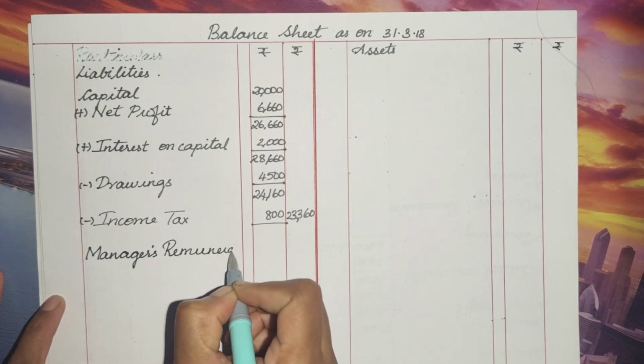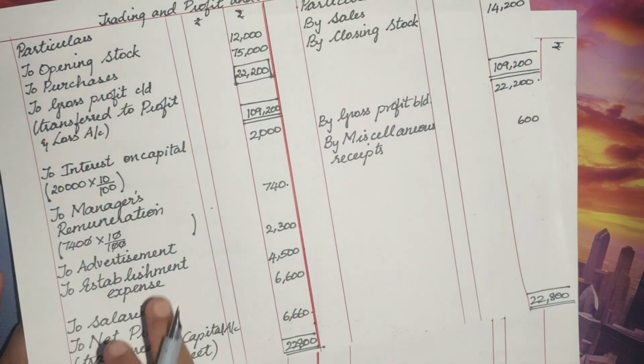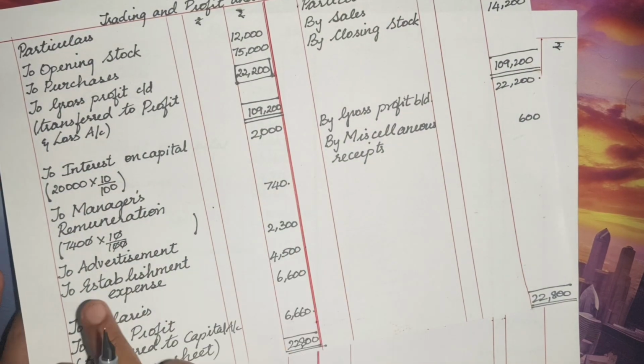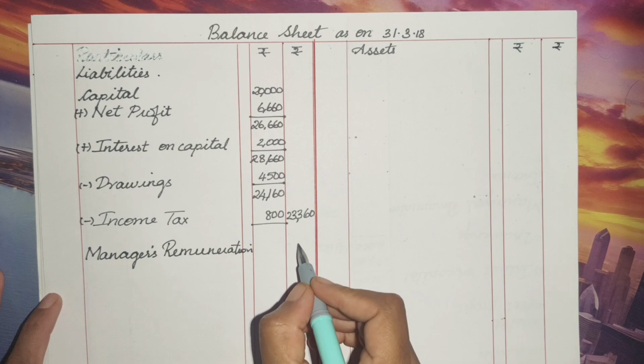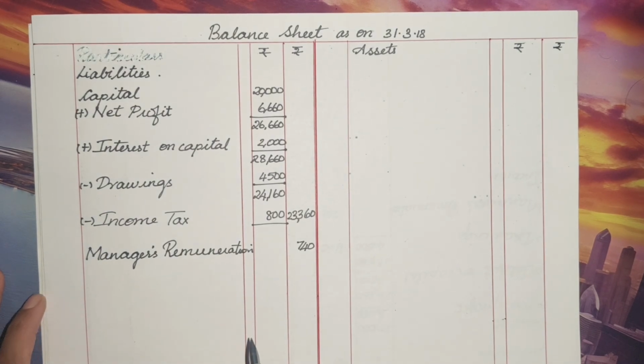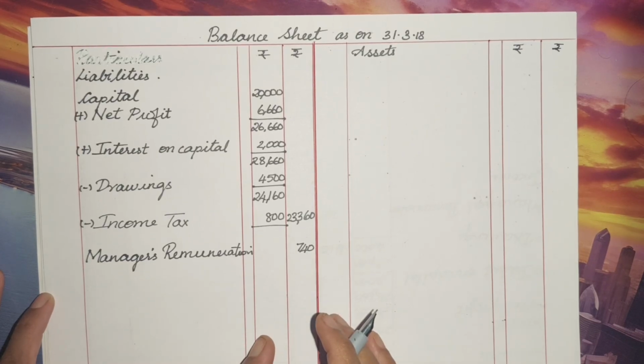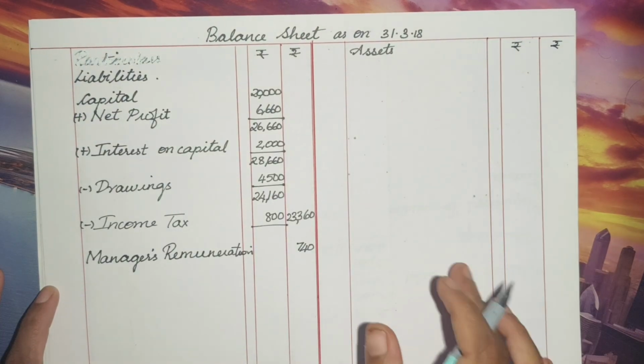Next we move on to the next adjustment, which is manager's remuneration. So manager's remuneration already we have found out in the profit and loss account. So we can go to the profit and loss account, take that as a reference and write manager's remuneration 740 rupees in the outer column directly.